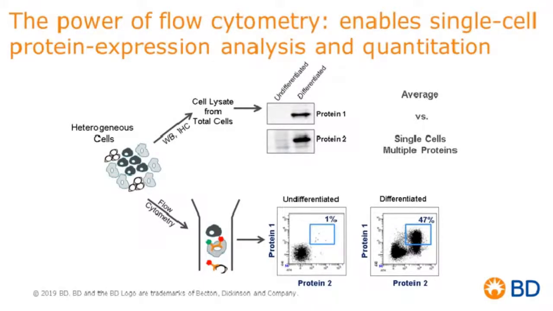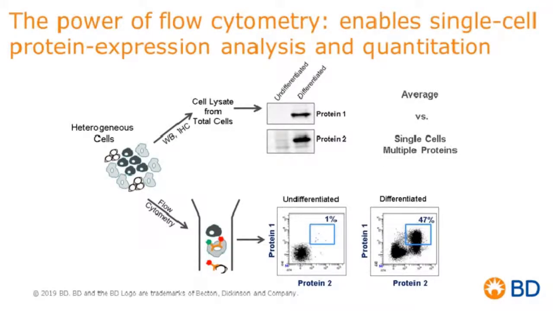Flow cytometry has also become more and more relevant because of its evolution, and it now allows us to study a larger number of parameters simultaneously. As the hardware and the reagents have improved, the number of colors that we can look at in a flow cytometer has increased, expanding our ability to interrogate one cell at a time for multiple proteins.